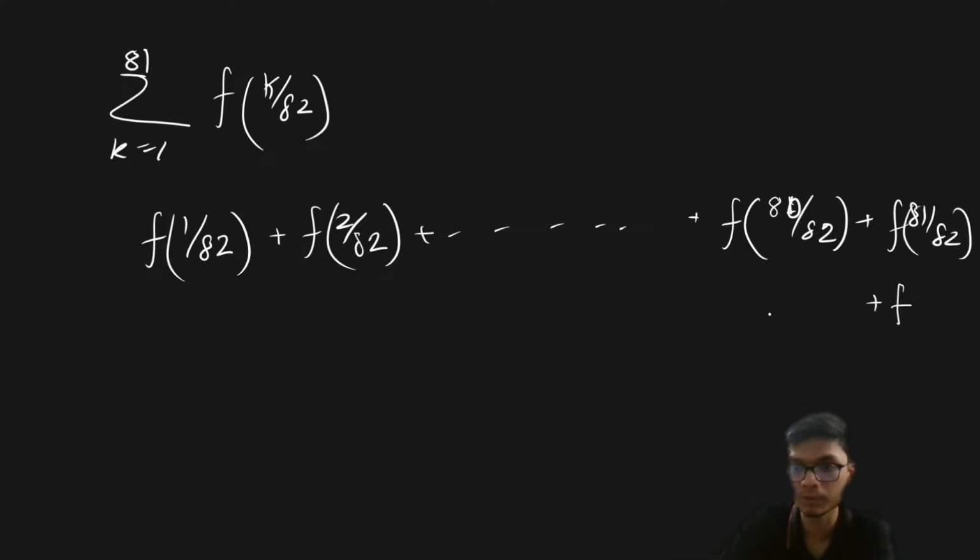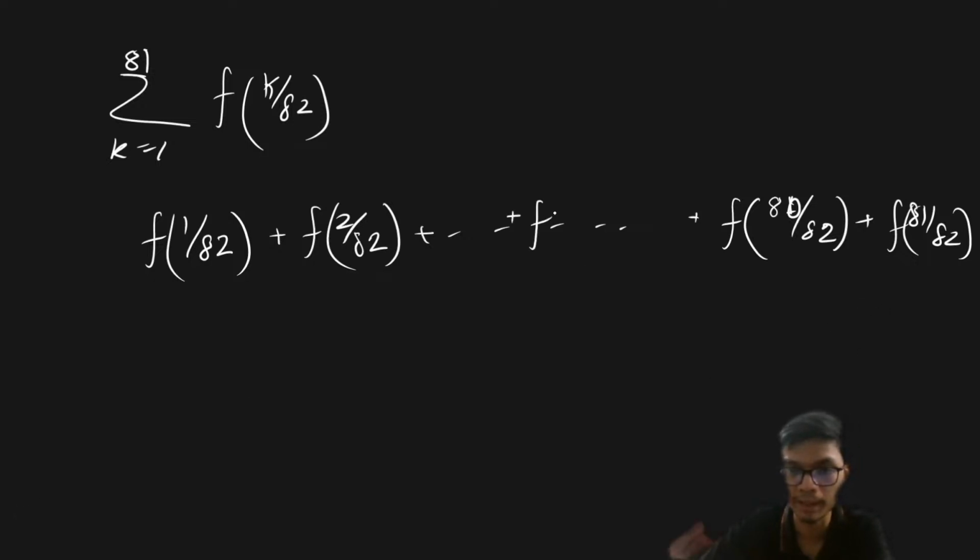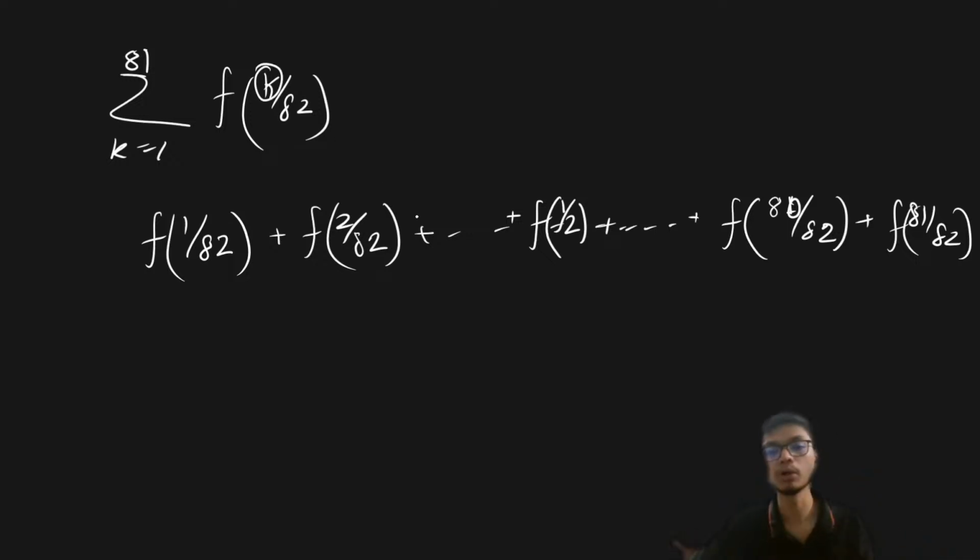That is it, right? The middle term of this summation will be f of 1 by 2, because if you put k equal to 41, it is going to be equal to 1 by 2.